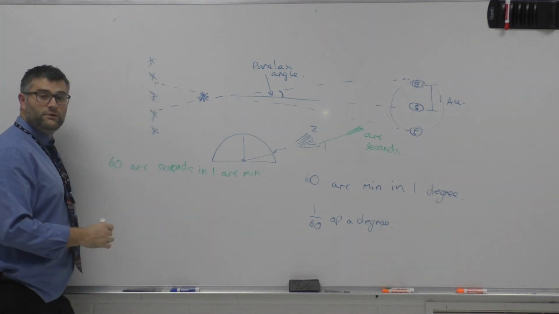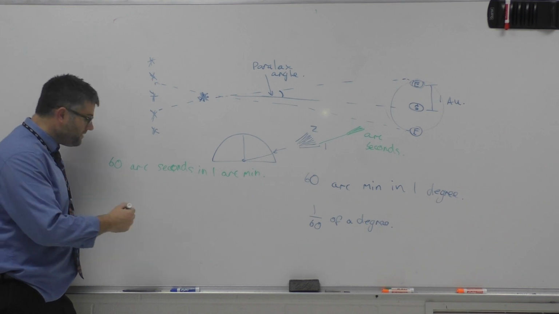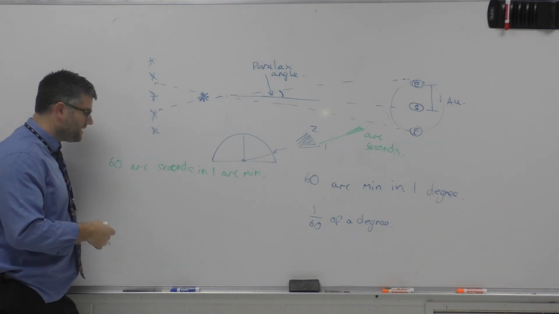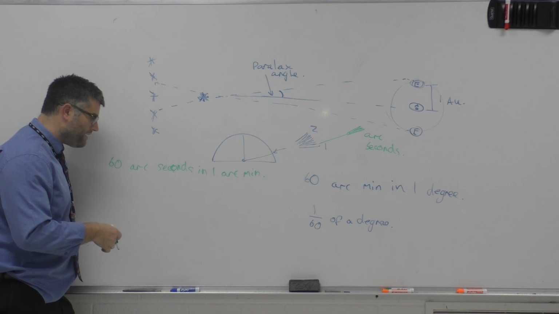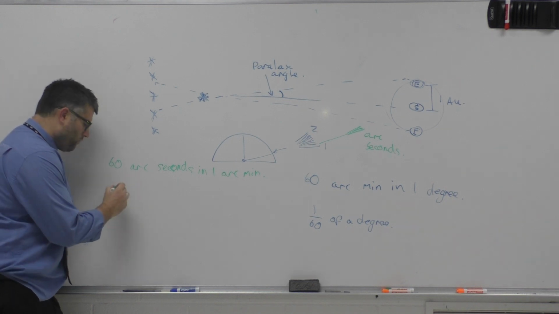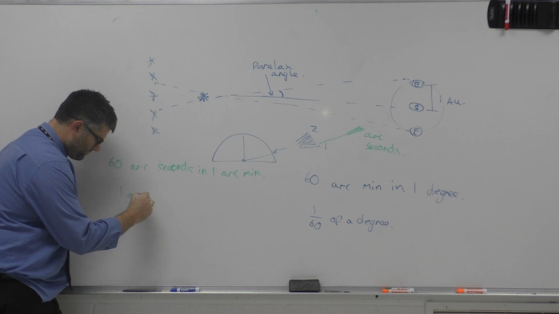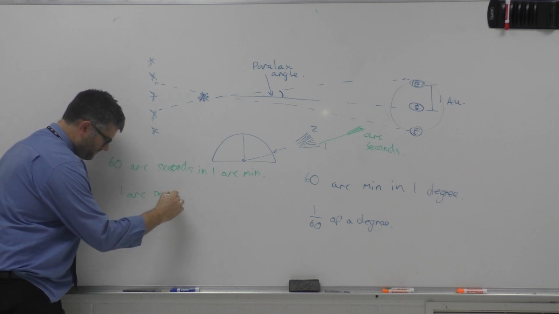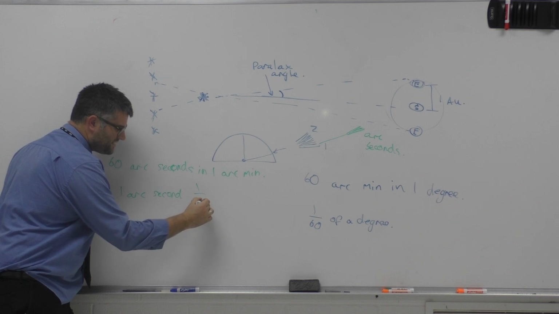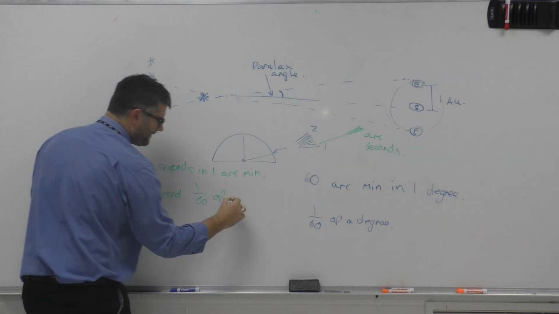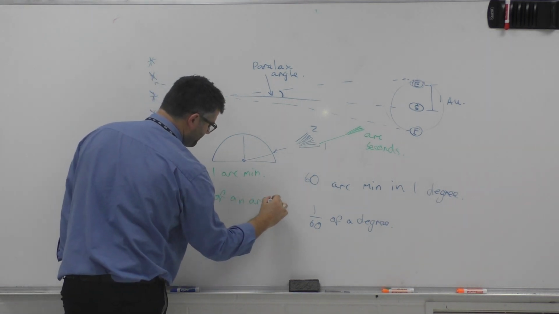Which helpfully we can then turn around and say, okay, well if there's 60 arc seconds in an arc minute, that means that 1 arc second is 1/60th of an arc minute.